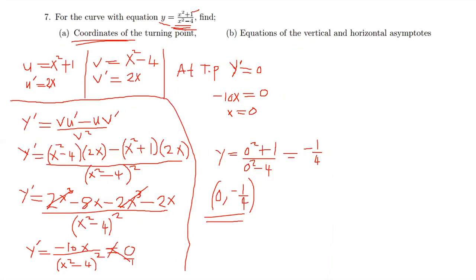When you find the values of x, replace them in the main function to find the values of y. Then you group them, and those coordinates that you get are called the coordinates of the turning point. So we proceed.